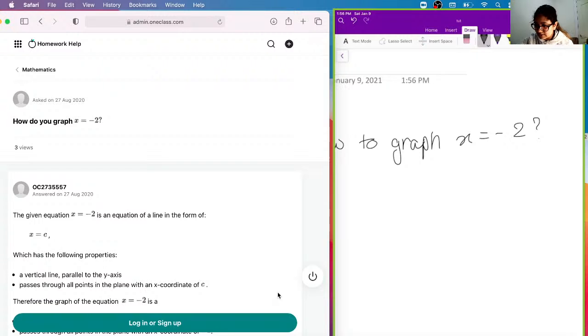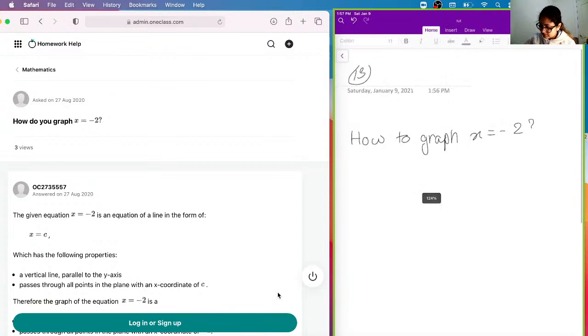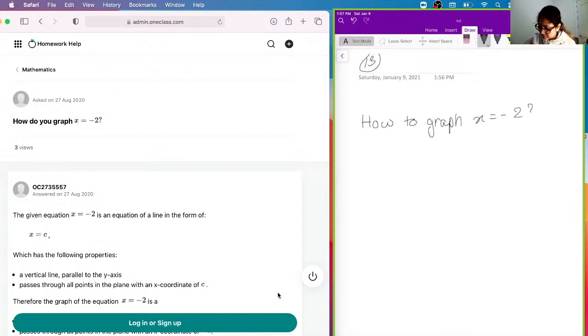Okay, so basically we're given the equation x equals -2, and this is in the form x equals c.